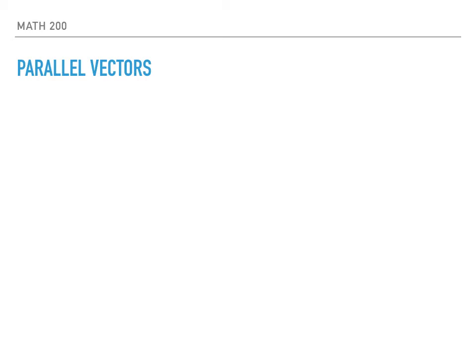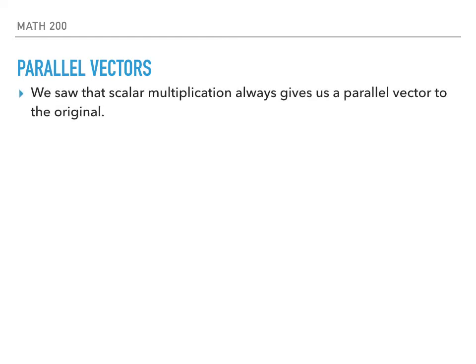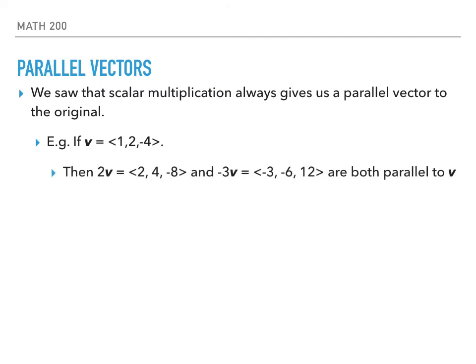So again, orienting things in space is really important. Knowing when things are parallel is going to be really important. We saw that scalar multiplication always gives you something parallel. So if you start with <1, 2, -4>, and you double it, or triple it, the two resulting vectors are both parallel to v.